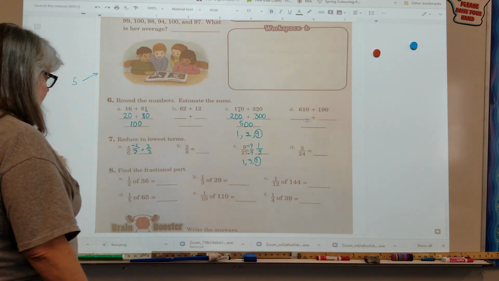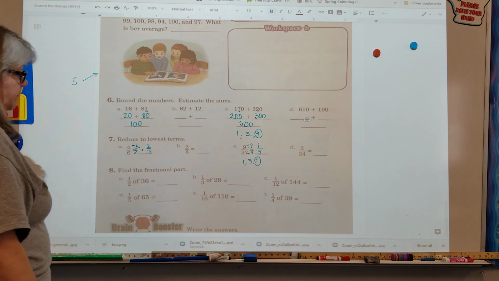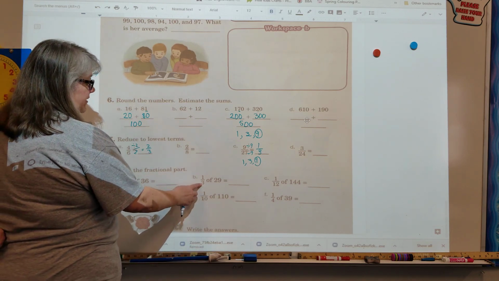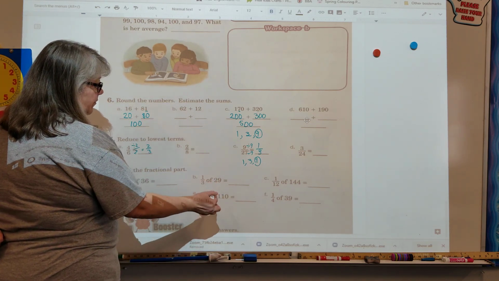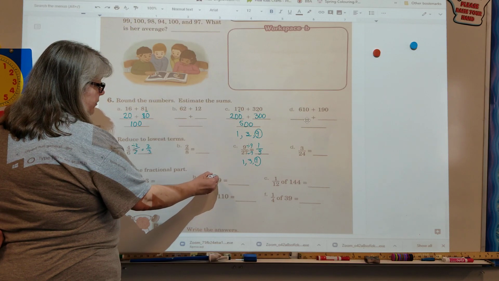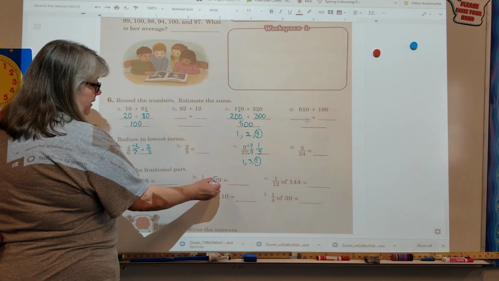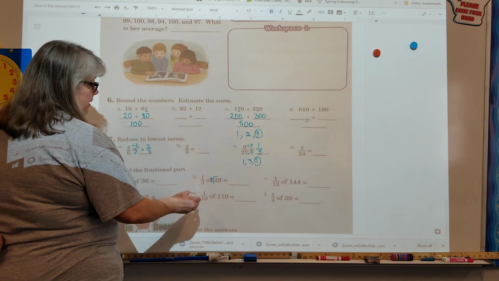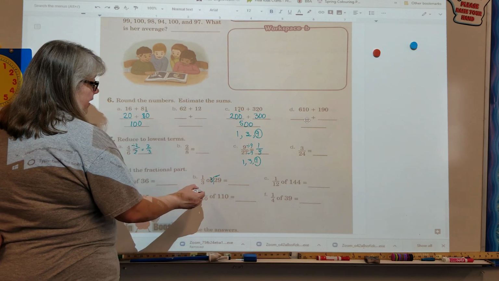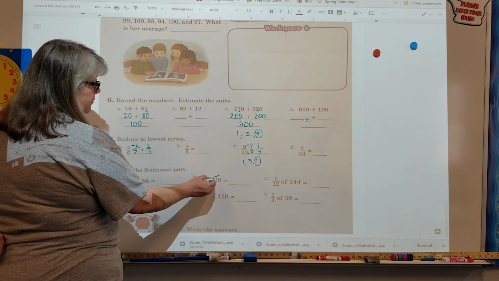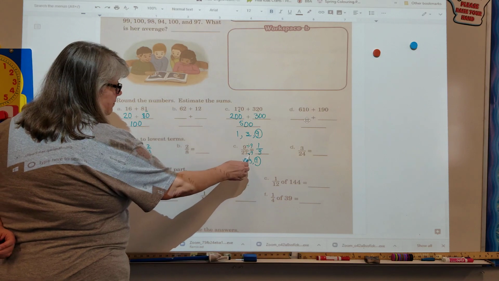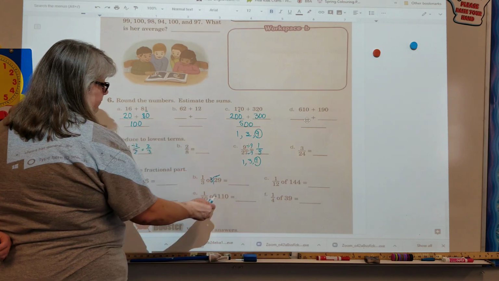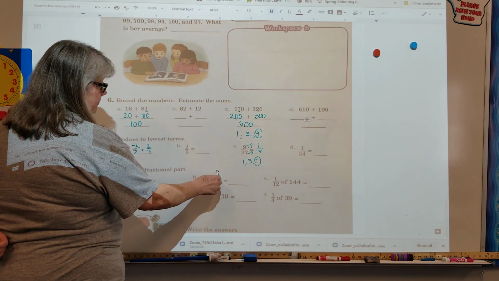On here, let me just remind you about this one. When it says 1/3 of, let's just do this one. You're actually going to say 29 divided by 3. And some of these you can do in your head. 3 will go into 29 right here 9 times.